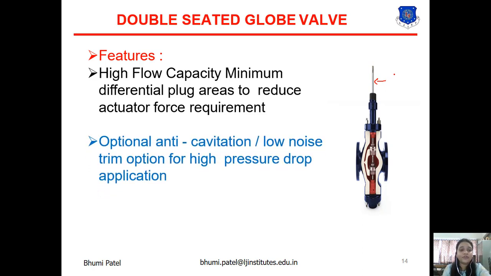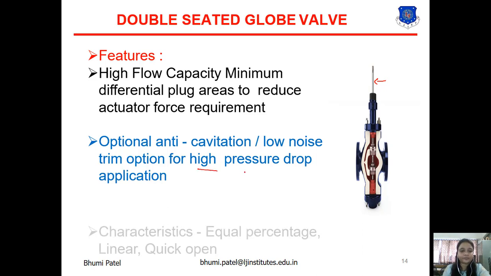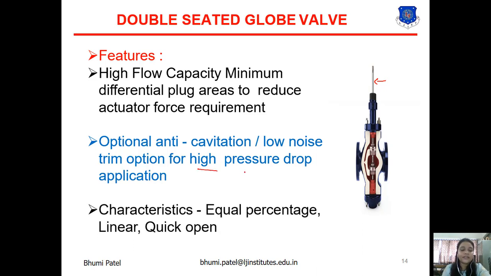The next feature is an optimal anti-cavitation, low noise stream option for high pressure drop application. It is always used for high pressure drop application. And the characteristics are the same as the single seated globe valve. It is used for equal percentage, linear and quick opening control valves.